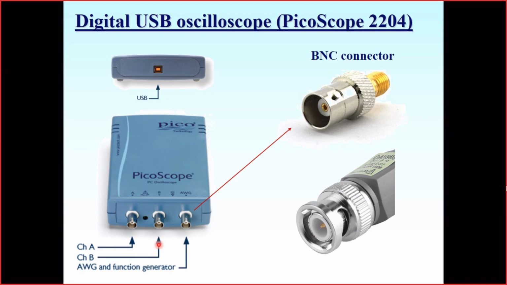Scopes usually use so-called BNC connectors. It's a very popular connector for high frequency signals, and nearly any scope you will find in your life will be equipped with BNC connectors, so please be ready to work with them. They are quite robust, and they have a special lock.